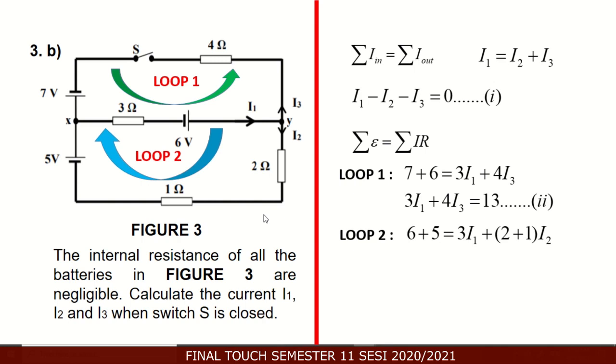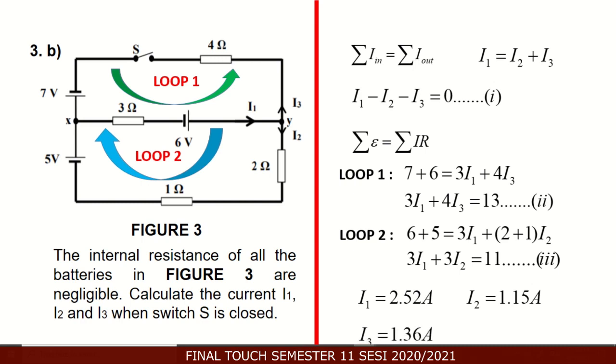So we rearrange this equation and you get equation 3: 3I1 plus 3I2 equals 11. So we have 3 equations. We use a calculator to determine I1, I2 and I3. So you get I1 equals 2.52 ampere, I2 equals 1.15 ampere and I3 equals 1.36 ampere.